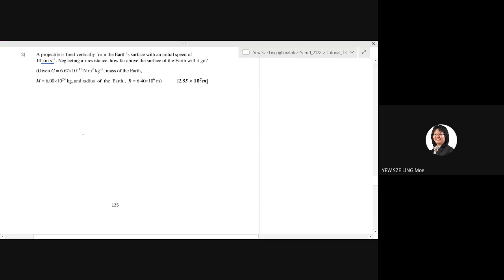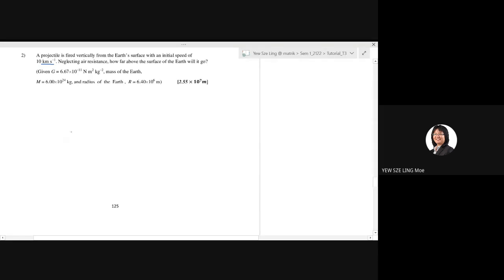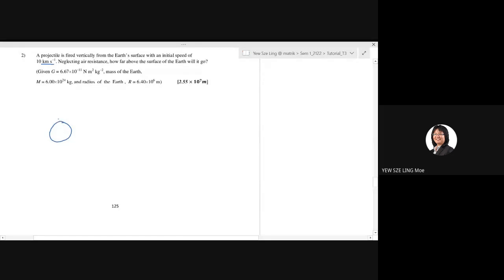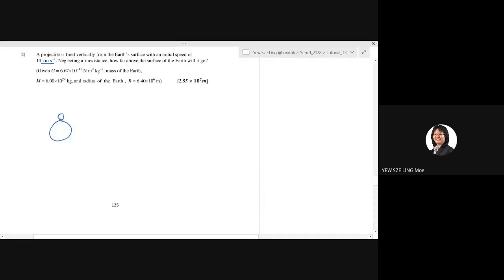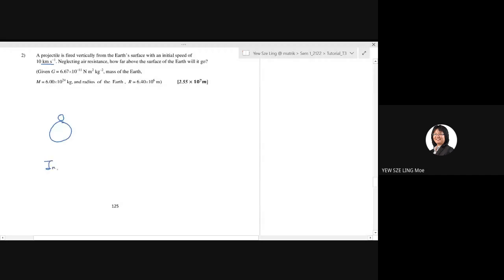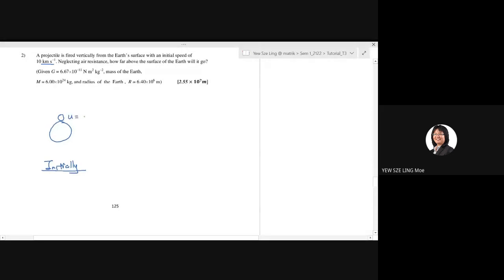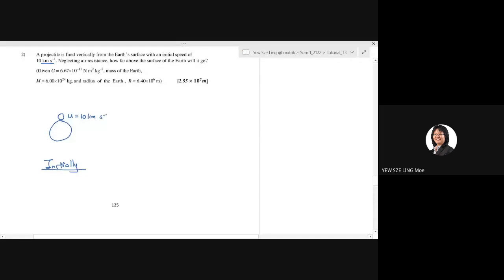So what happens right now? Let's sketch a diagram. Initially, let's say this is your object, located at the surface of the Earth, with an initial velocity u equal to 10 km per second.